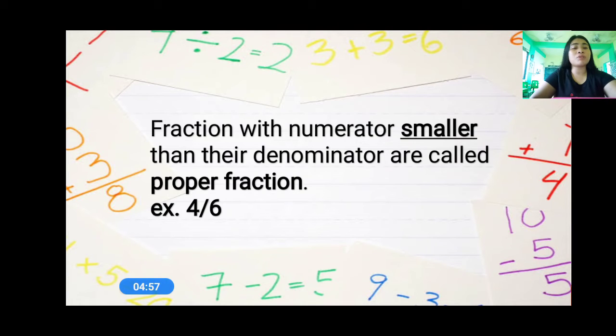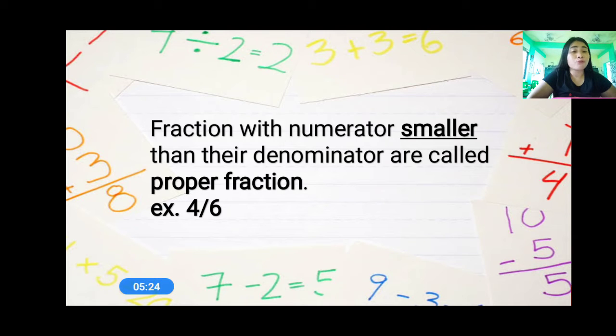Okay, so let's proceed to fractions whose numerator is smaller than their denominator, which are called proper fractions. So the first type of fraction is the proper fraction, known as when the numerator, the number above, is smaller than the denominator or the number below.